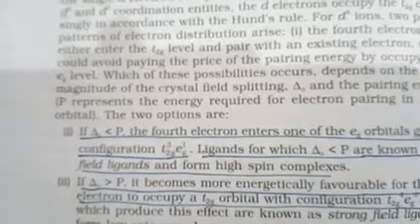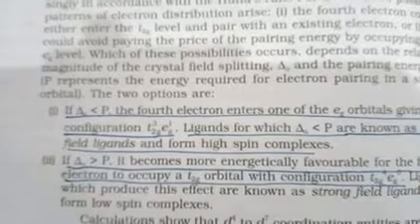Which of these possibilities occurs depends on the relative magnitude of the crystal field splitting delta O and the pairing energy. That means whether the 4th electron enters eg or t2g will be decided by two factors: first, crystal field splitting, delta O, and second, pairing energy. How it goes will be discussed next.